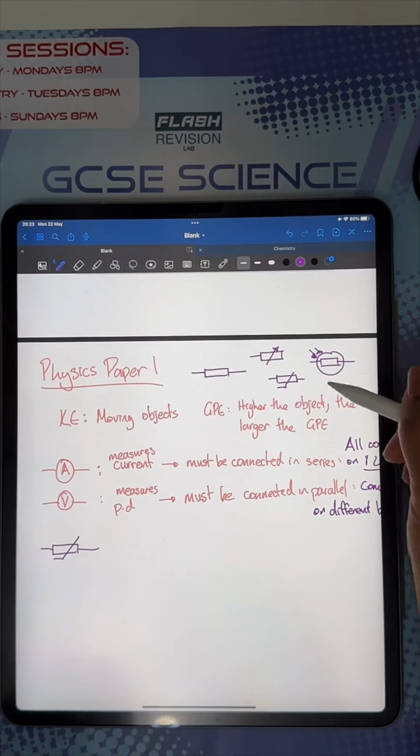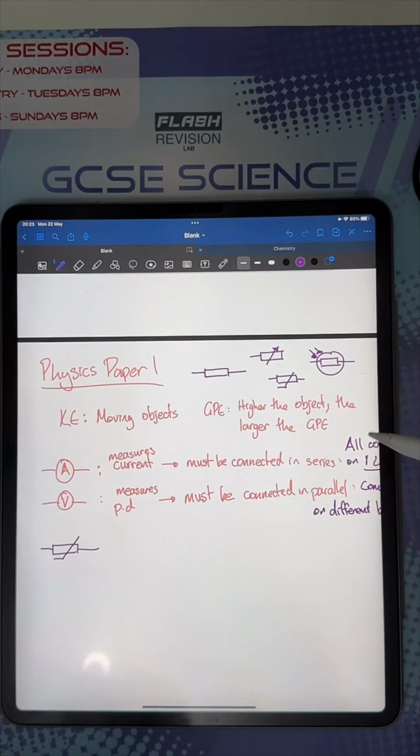And same with an LDR. It's a resistor that, this time, is based not on temperature but on light intensity. So if it's in a bright room, its resistance is going to be low. But if it's in a dark room, its resistance is going to be high.